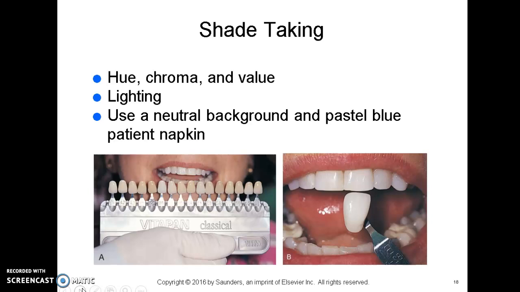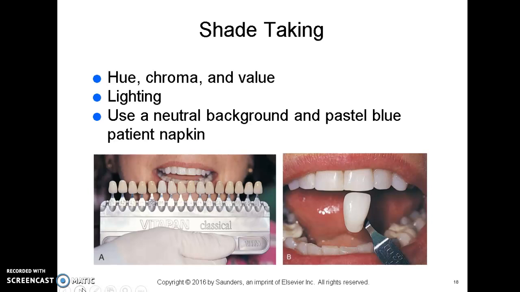Pastel blue patient napkins are also very good kind of backgrounds for choosing the shade. You as a dental assistant may be asked to assist the doctor in choosing that appropriate shade for the restorative procedure. An inappropriate shade will result in a mismatch of the patient's dentition and possibly a remake of the restoration.